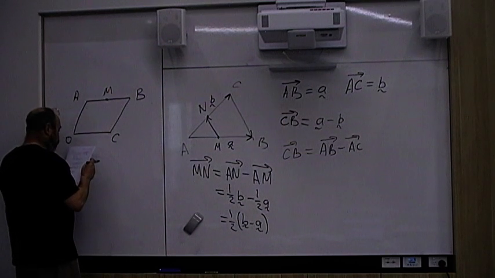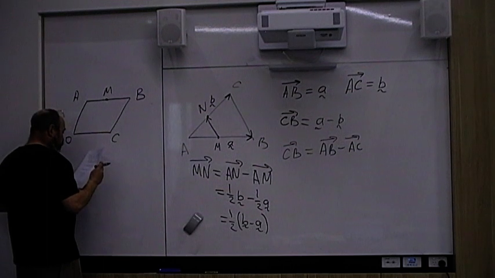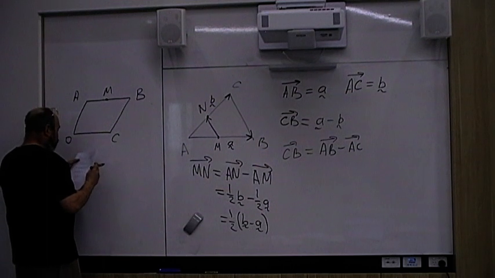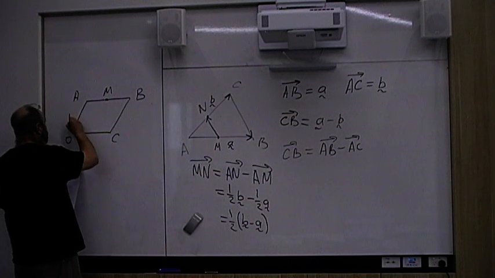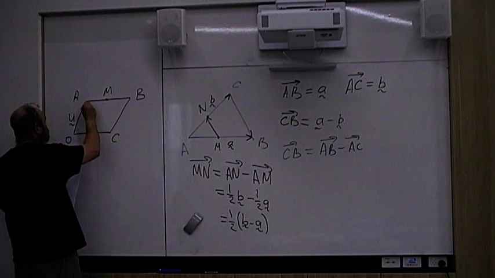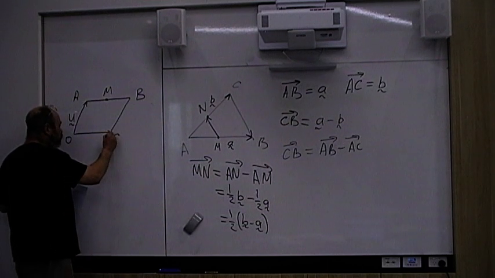That's all we have at the beginning. And we have that vector OA named U, and vector OC named V.